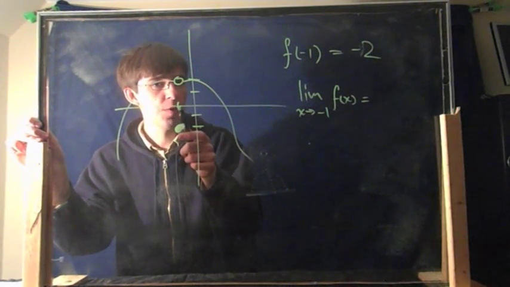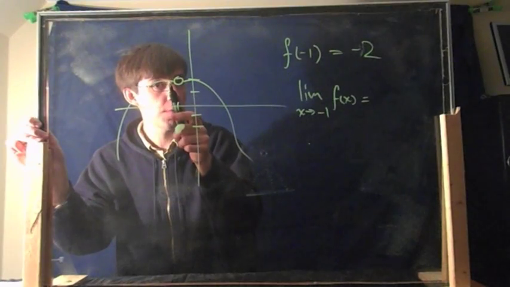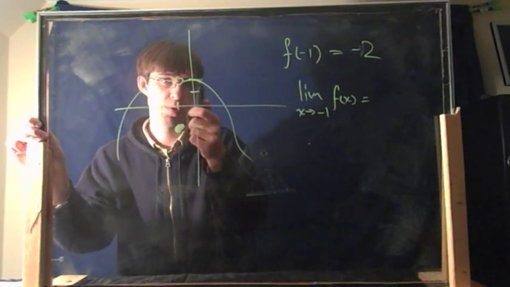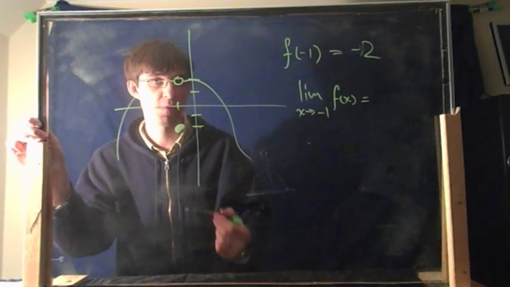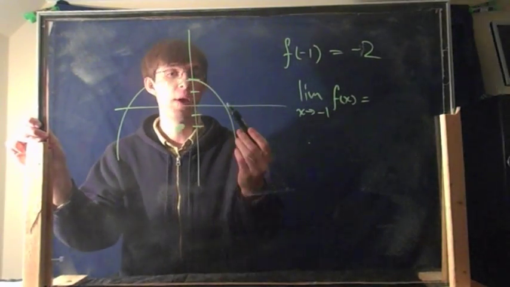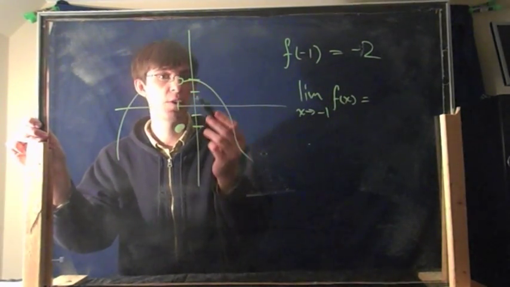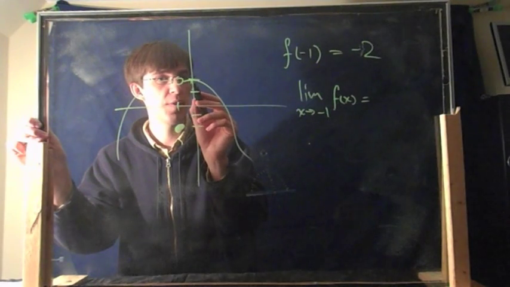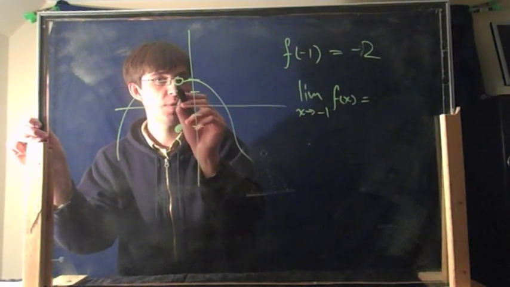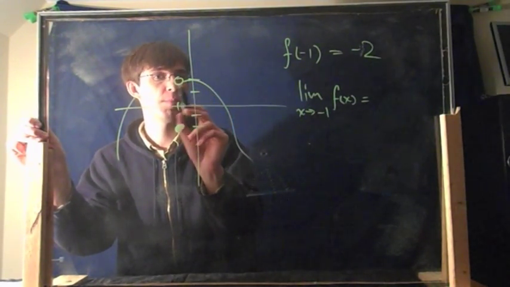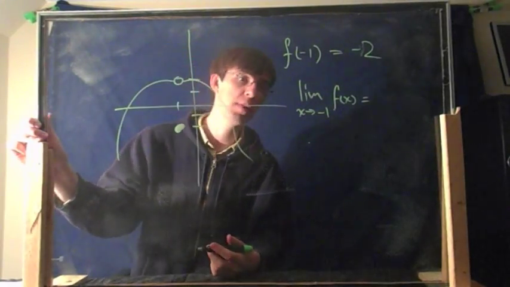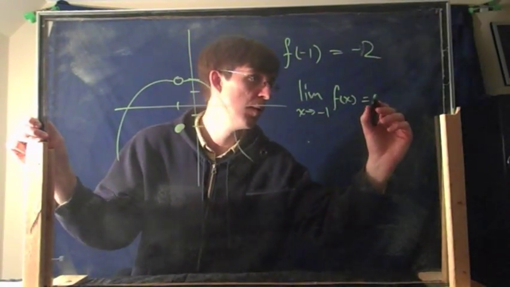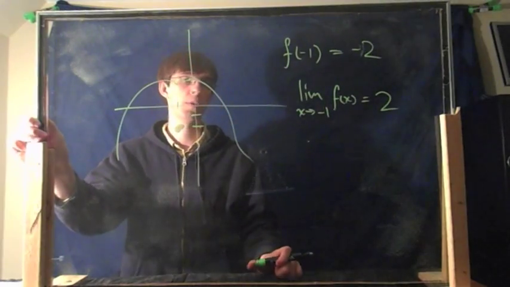But all the nearby points are going to use the curve, because the points on the curve describe where the function is going. So as you approach this point x here, you follow the points along the curve and you get this y value. All the points, if you look along the curve, all the points nearby have y value 2, or at least close to 2. So the answer here is 2.